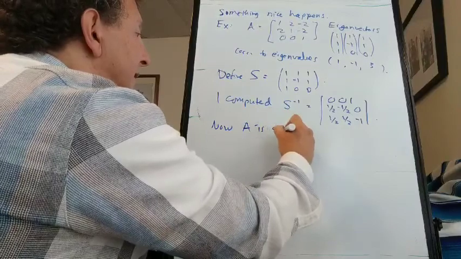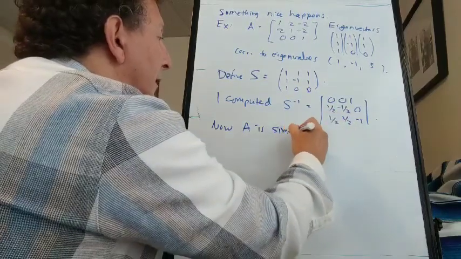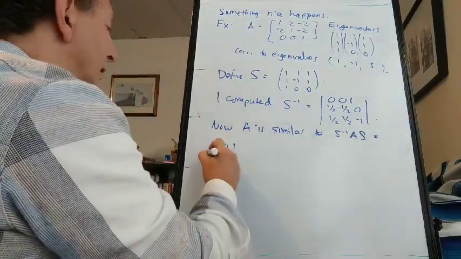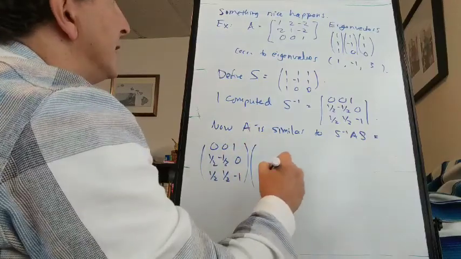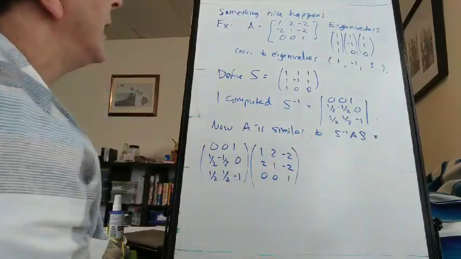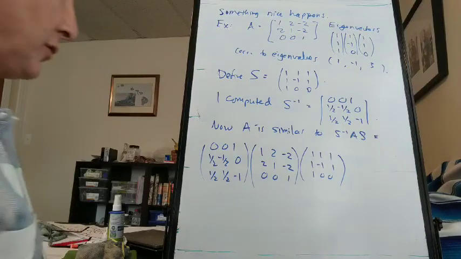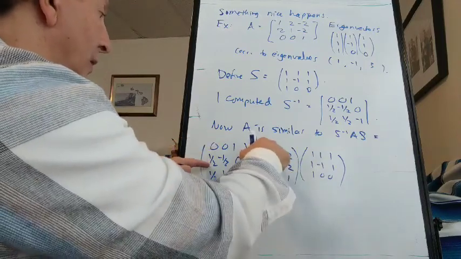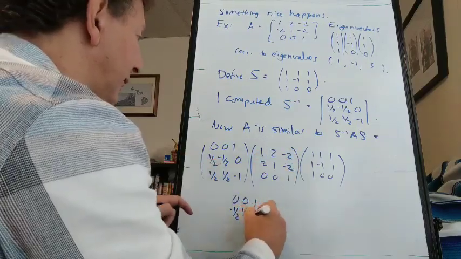Now A is similar to S inverse AS, which is S inverse, 0, 0, 1; 1 half, negative 1 half, 0; 1 half, 1 half, negative 1, times A, which is 1, 2, negative 2; 2, 1, negative 2; 0, 0, 1, and then S. So if we multiply this together, we've got 0, 0, 1 for the first row. 1 half minus 1 is negative 1 half. 1 minus a half is 1 half.